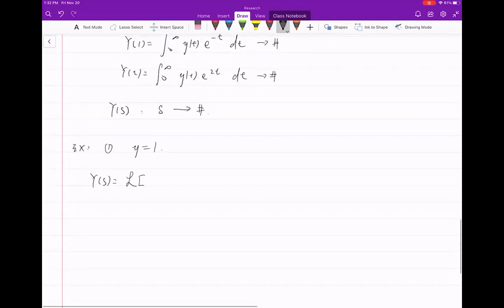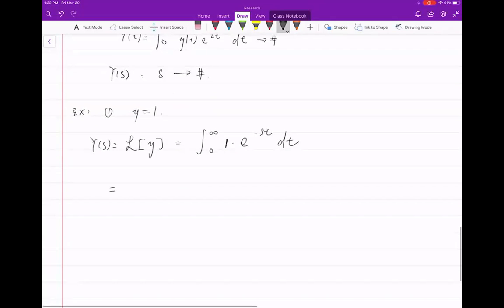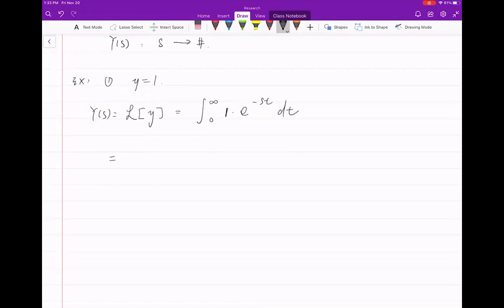L of y, 1 times e to the negative st dt. Do you know how to take the antiderivative of e to the negative st? That's this.